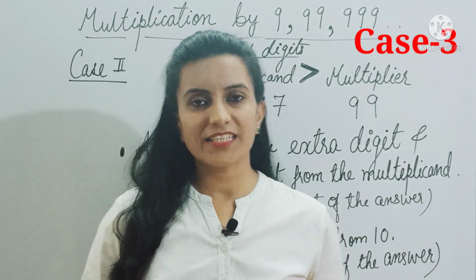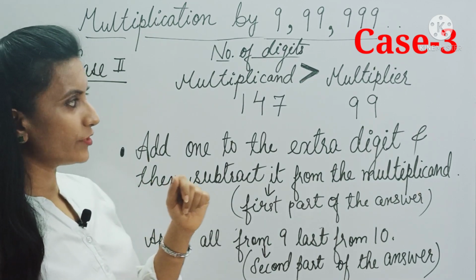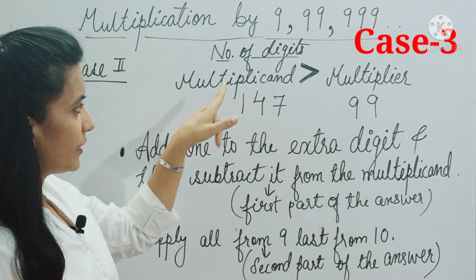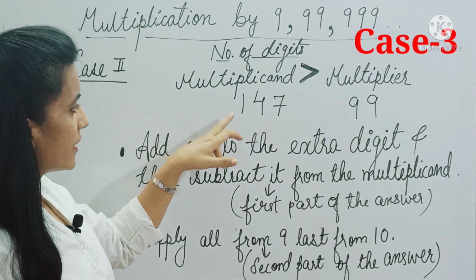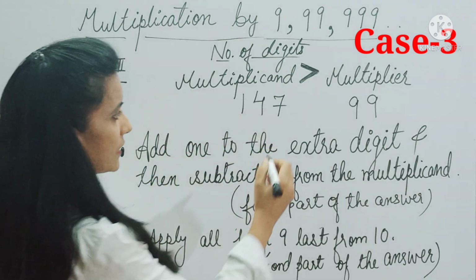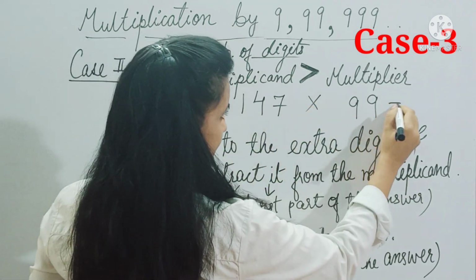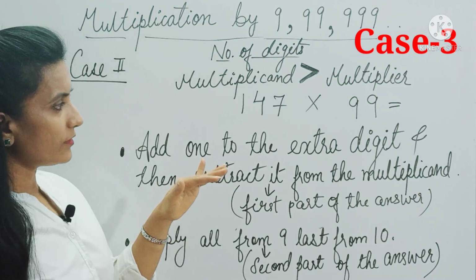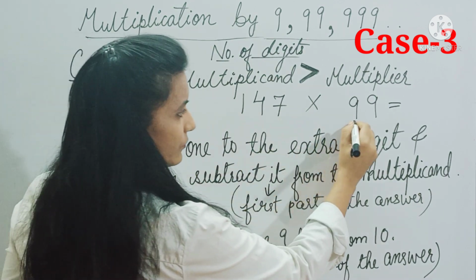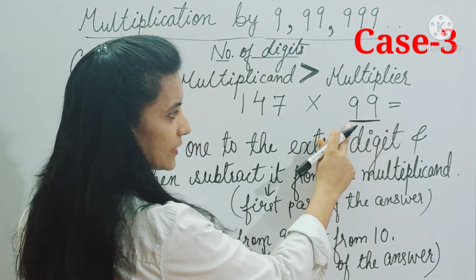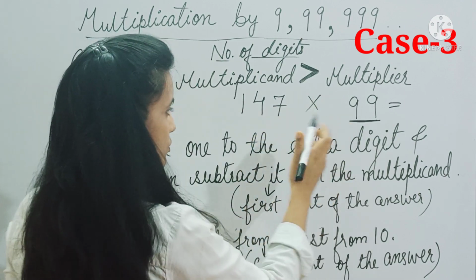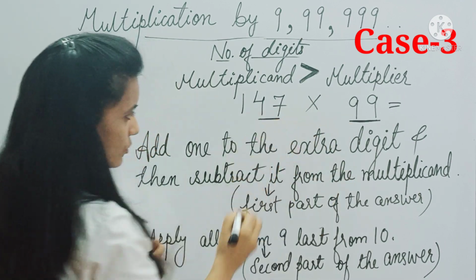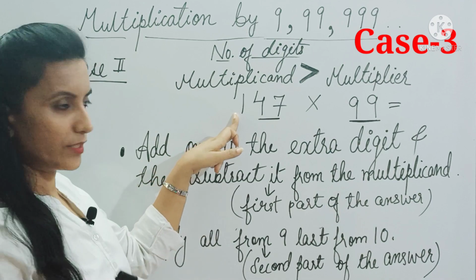Now in case 3, you have fewer digits in the multiplier as compared to the multiplicand. So let's take 147 multiplied by 99. So here you have to see, how many digits do you have in the multiplier? You have 2 digits, right? So underline 2 digits here. So this 1 is your extra digit.